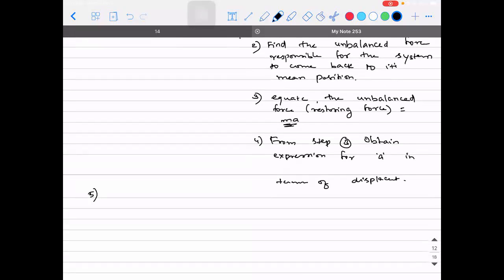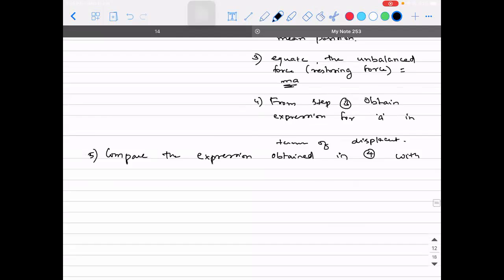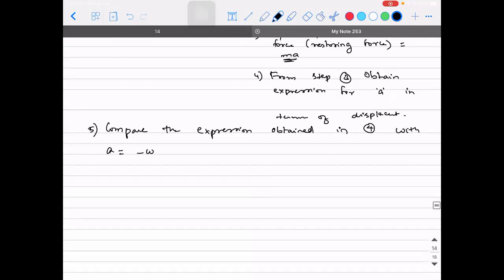Fifth step is compare the expression obtained in fourth step with a is equal to minus omega square x.